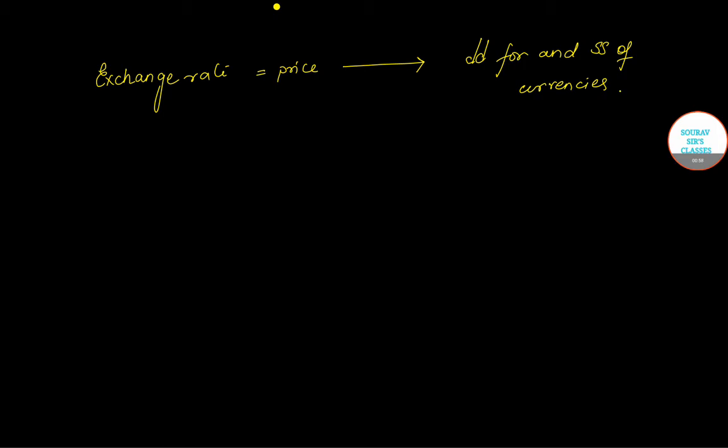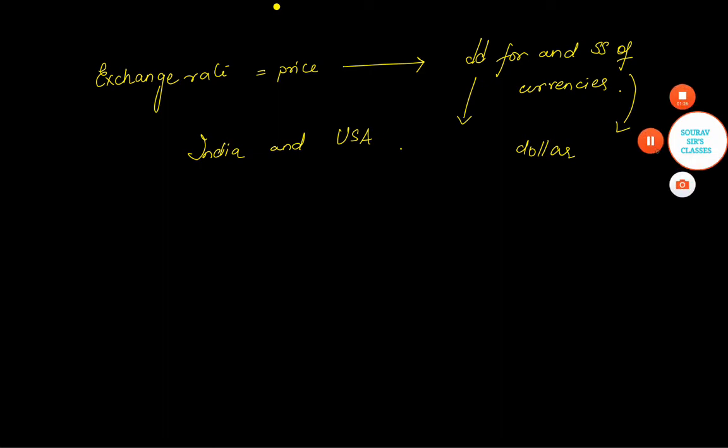So suppose we consider the transaction between two countries and say the countries under question are India and USA. Now in this case, therefore, the demand for and supply of dollars is actually the demand and supply of the foreign exchange.